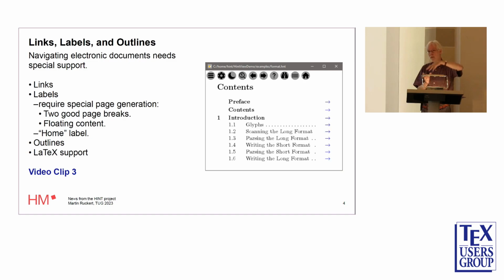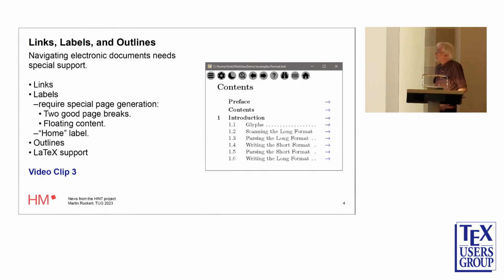So you pick some text preceding the label and some text after the label, and try to get a nice page with two good page breaks that fits around that label. So that's an entirely different program. We have to generate the target page. Okay, let's look at video clip number 3.